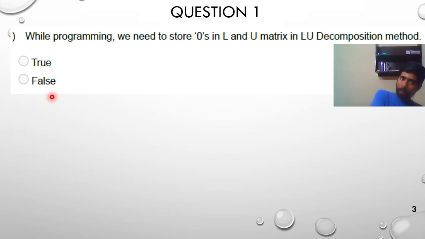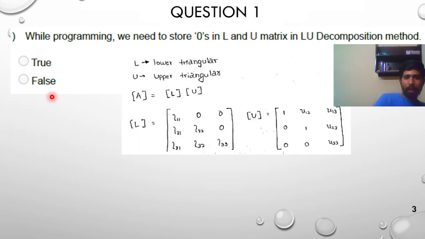So while programming we need to store zeros in the L and U matrix. Typically your L and U matrix look something like this. There are zeros in the L and U matrix, which you see here, where L corresponds to lower triangular and U corresponds to upper triangular. You decompose the matrix. I have explained the procedure in the recap of this video.